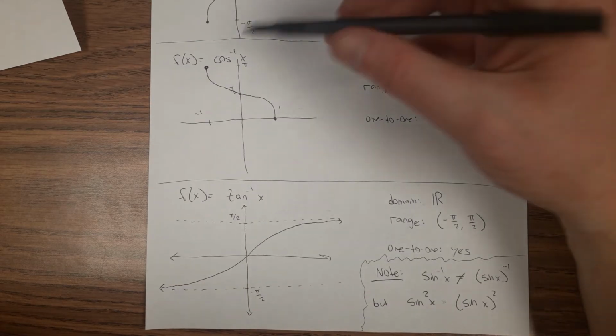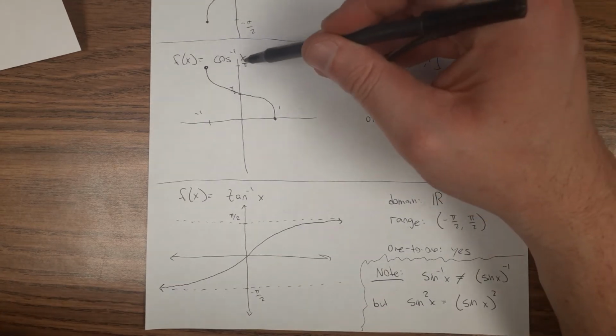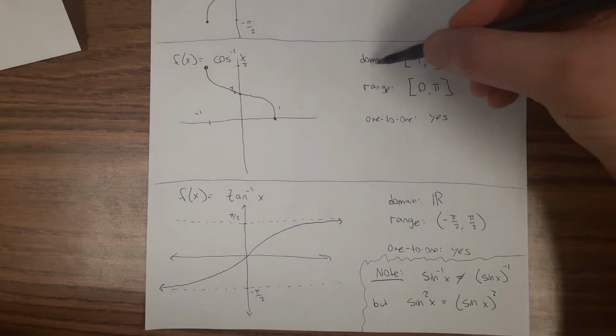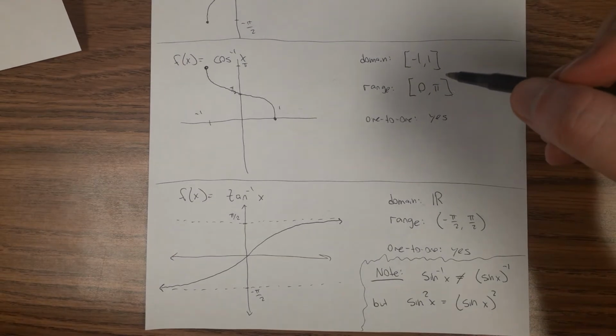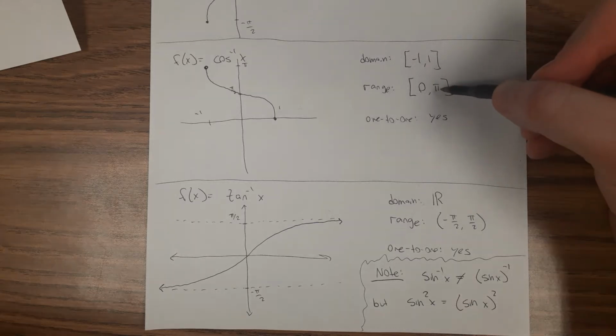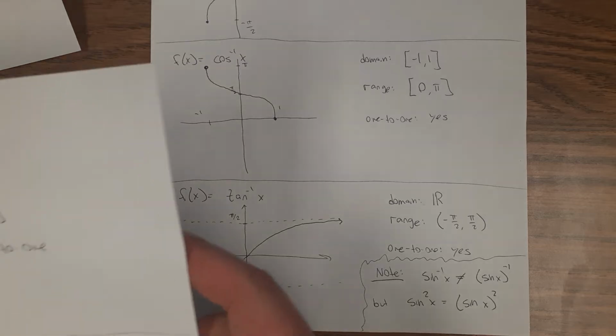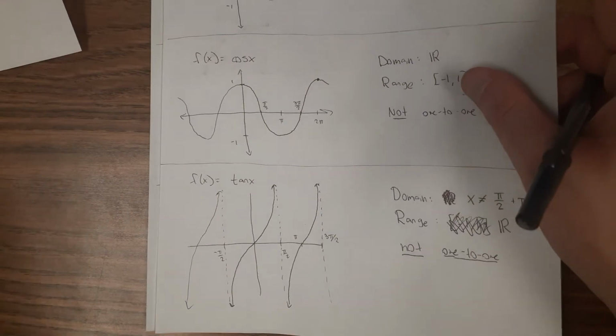Similarly, here is arc cosine x. It has the same domain. Its range is from 0 to pi. And by the way, let me do this again.